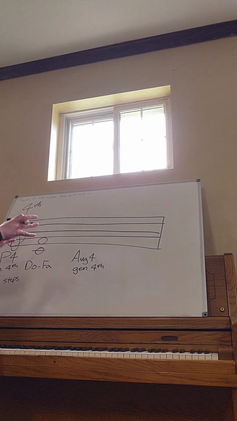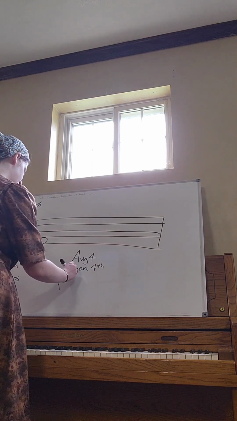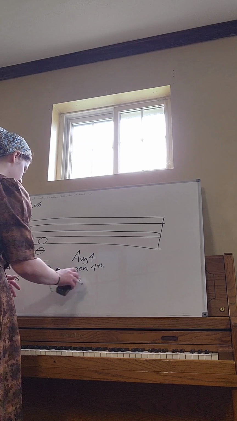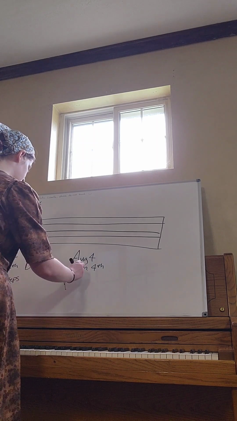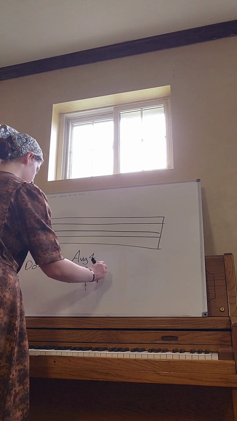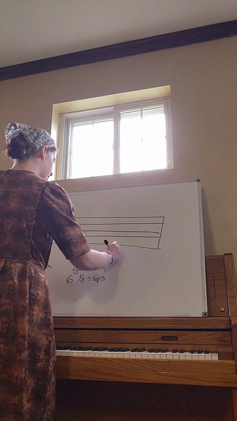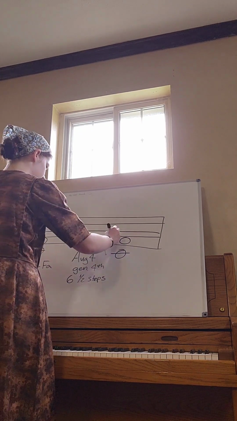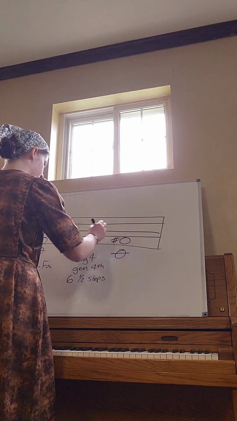And remember, whenever we augment any interval, we just raise it or increase it by a semitone. So it's going to be 6 half steps. Oops, let's stay consistent. 6 half steps or 6 semitones. So writing that out. Generic fourth, up, but we raise it, sharpened. There we are.